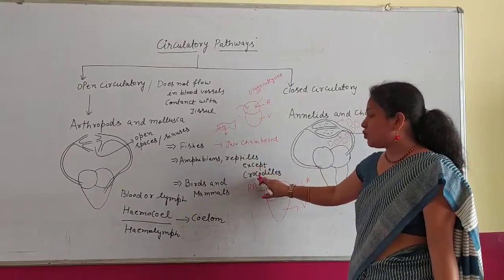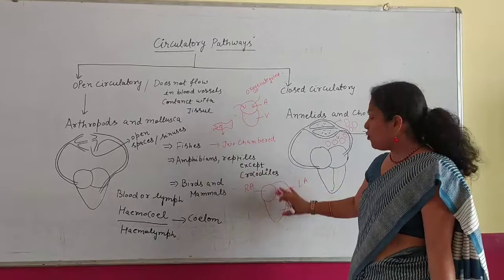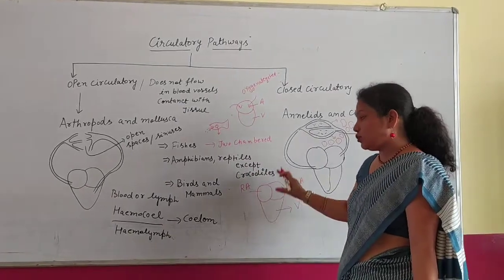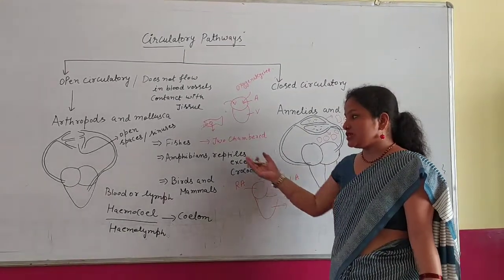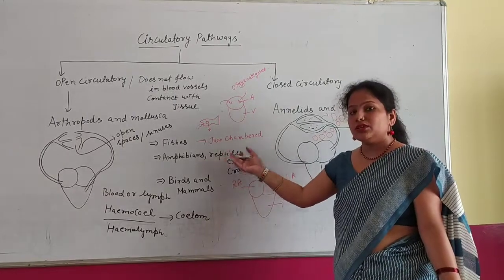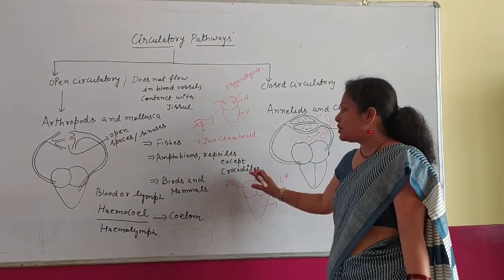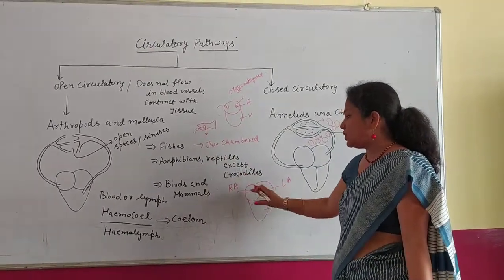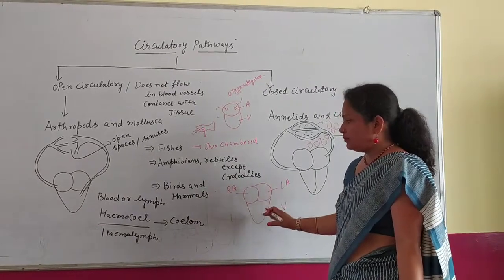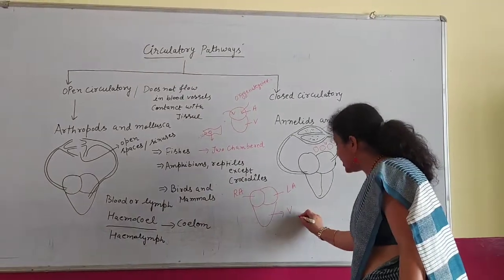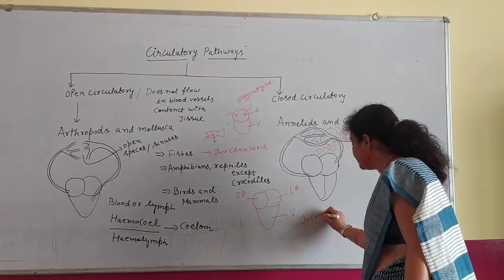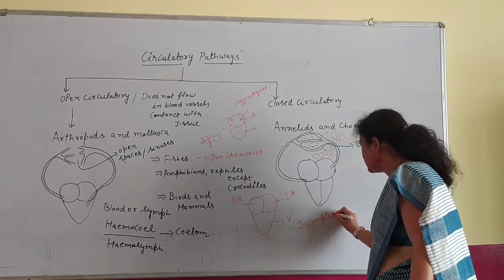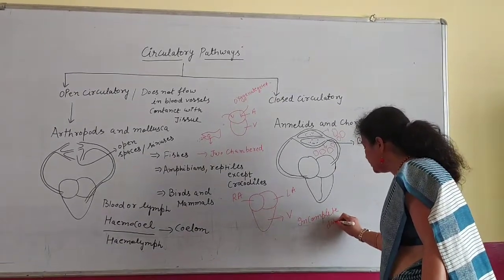But in the case of crocodile there is a four-chambered heart. So crocodile is the exception. In amphibians and reptiles, a three-chambered heart is there, but in crocodile there is a four-chambered heart. And there we can write here incomplete double circulation.